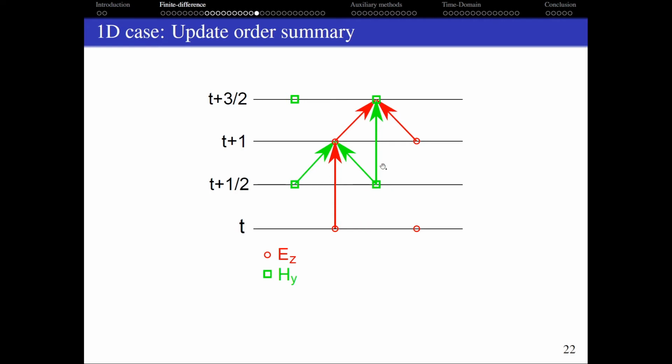And in the same way, to advance the calculation for the H field, we are going to need now the computed value of the E field at t plus 1 on both sides, and combine it with the value of the H field at t plus 1/2, and we are going to get the H field at t plus 3/2.